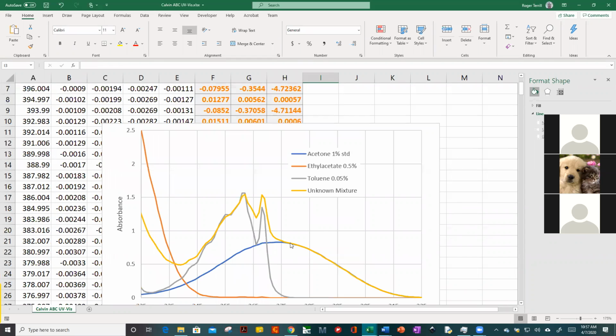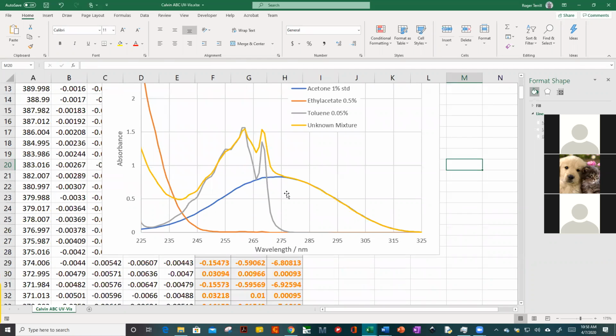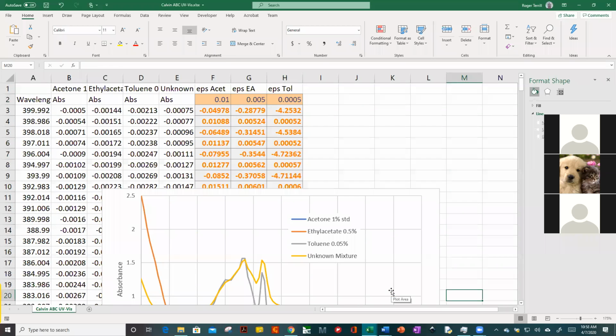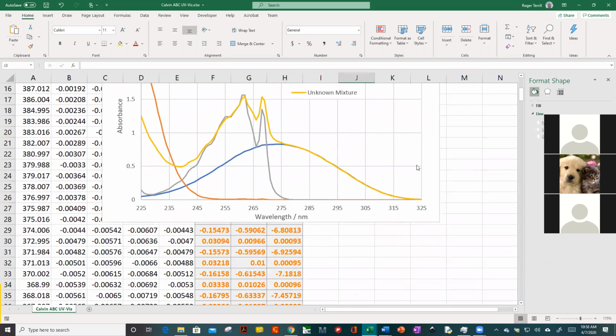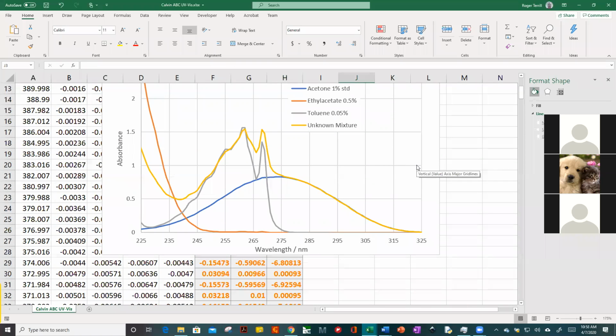So in order to calculate these concentrations, we need to choose a wavelength where we can do this analysis. Let's just choose them right away here. I would choose as one value 285 nanometers.